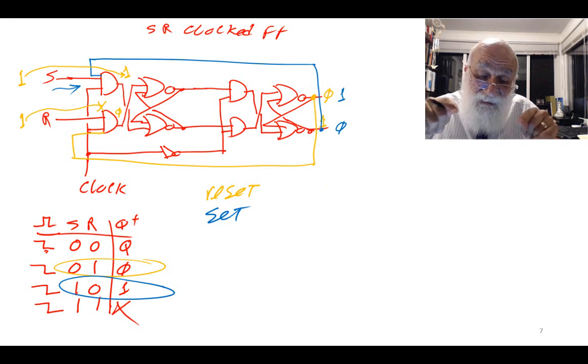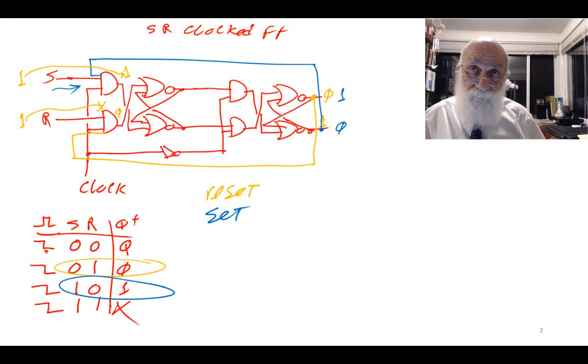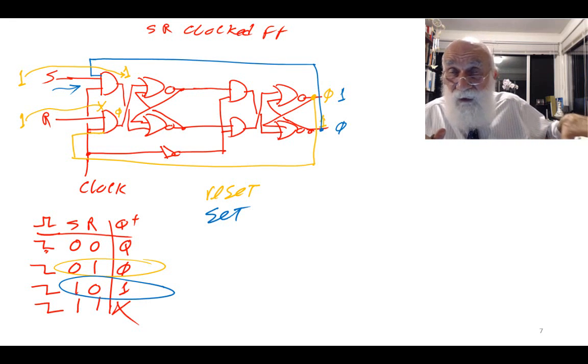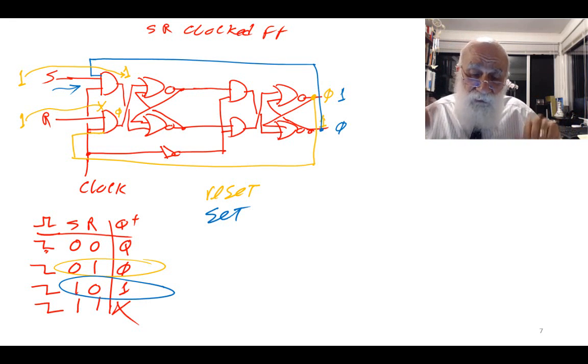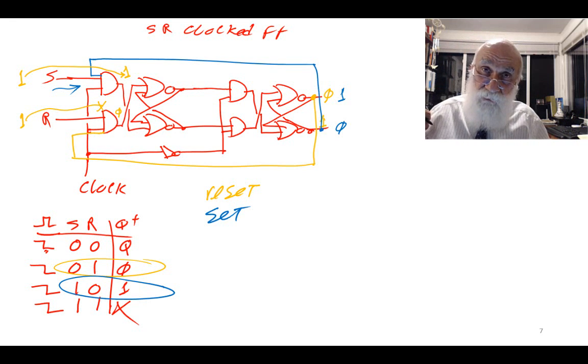So the internal set is 1 and the internal reset is 0. Even though the clock was there, the internal reset was prevented by the value of the output, and therefore after the clock with 1 1, this changes to 1 because it is set.